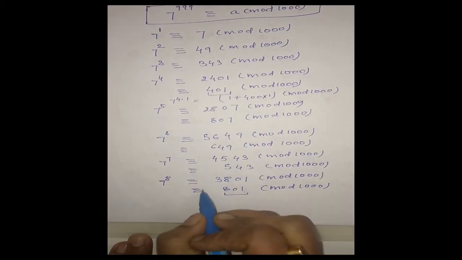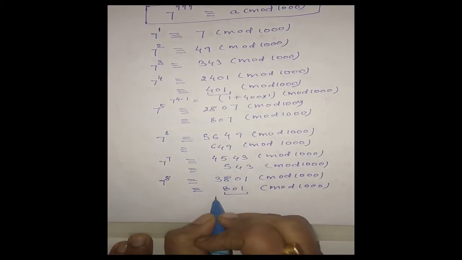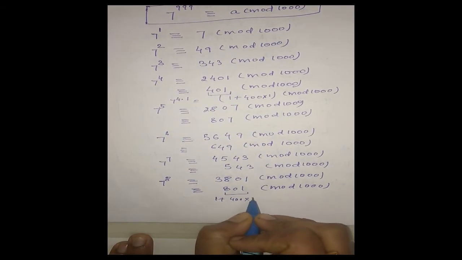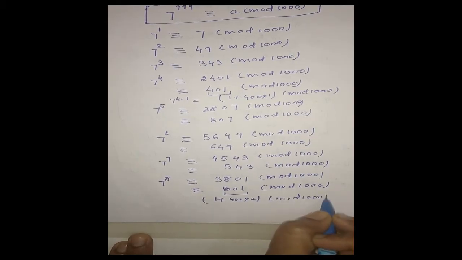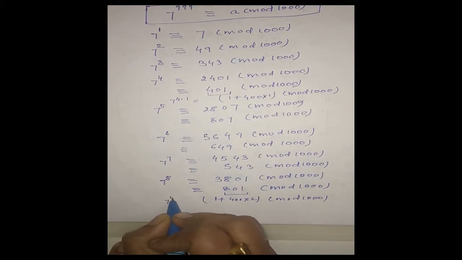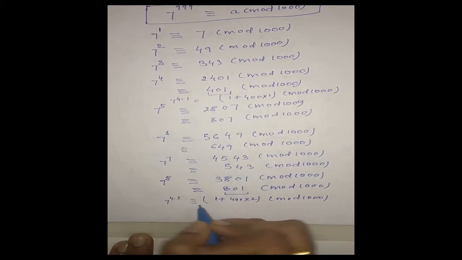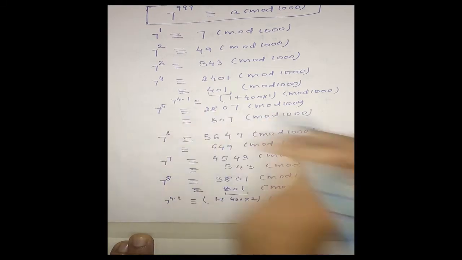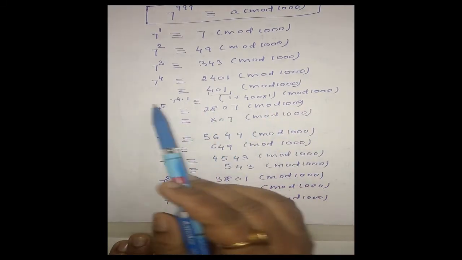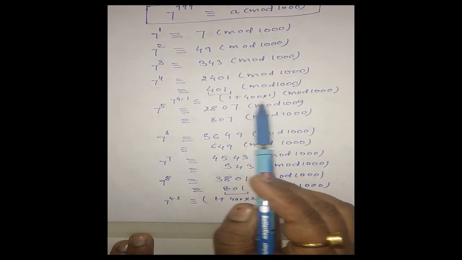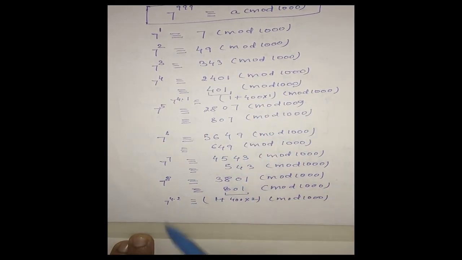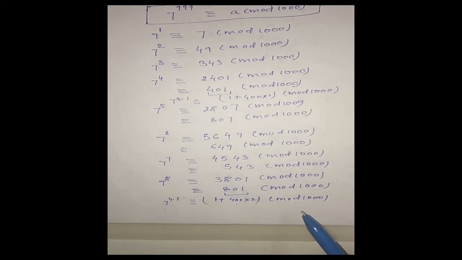And here 801 can be written as 1 plus 400 into 2 modulo 1000, and here I have 7 power 4 into 2. I can write like this: 7 power 4 into 1 is congruent to 1 plus 400 into 1 modulo 1000; 7 power 4 into 2 is congruent to 1 plus 400 into 2 modulo 1000.